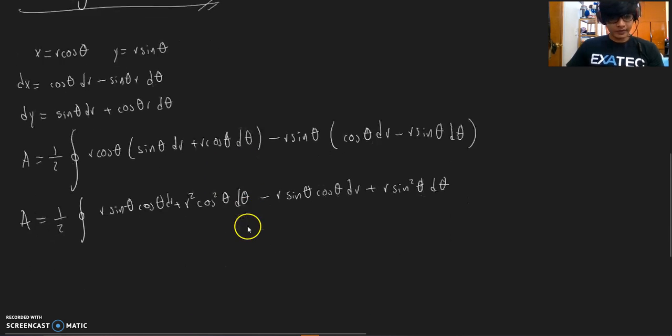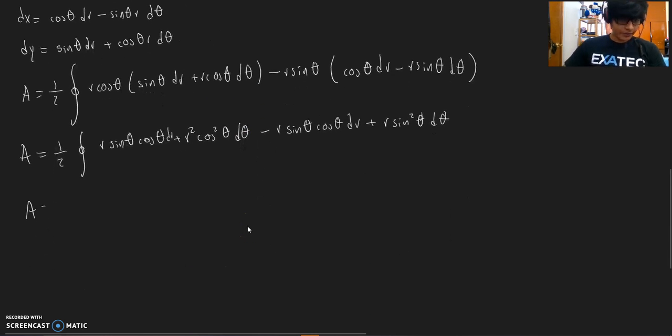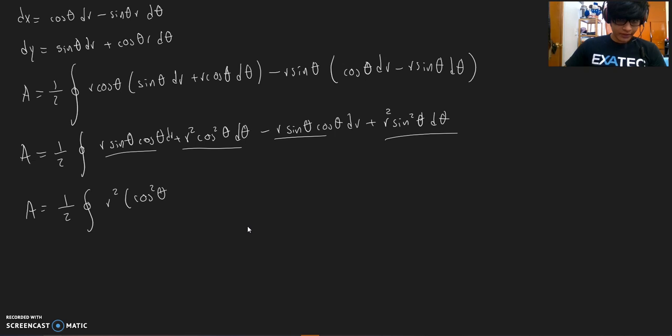Following up with this algebra, the area is equal to 1/2 of the integral where this minus this is 0, so we only have the sum of these two, and that would be r squared times cosine squared of theta plus sine squared of theta times d theta.